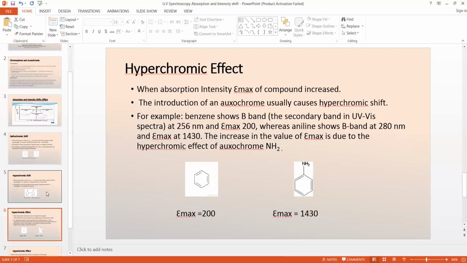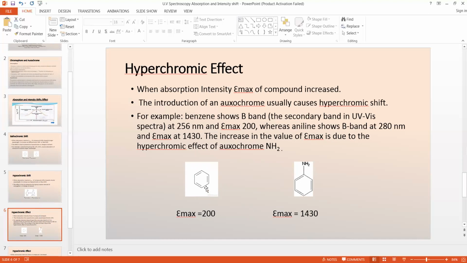Next is hyperchromic effect or shift. Hyperchromic effect means when the absorption intensity or intensity maxima of a compound increases, and it occurs when an oxochromic group is introduced. For example, you have seen there is benzene and aniline.